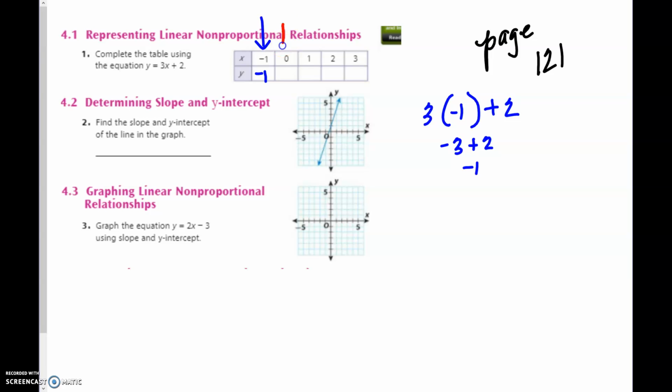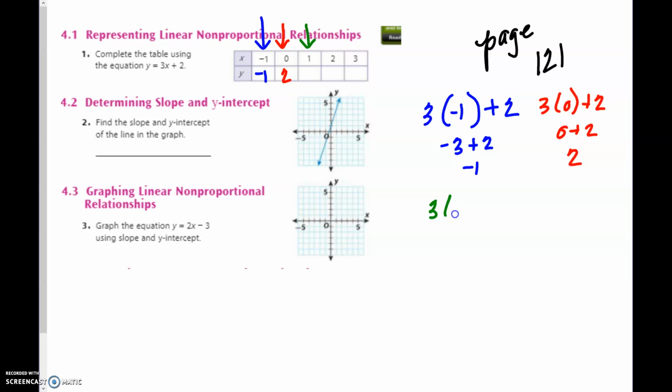Then they want us to put in the number 0. So 3 times 0 plus 2. So 0 plus 2 is 2. And then the next number they want us to put in is a 1.